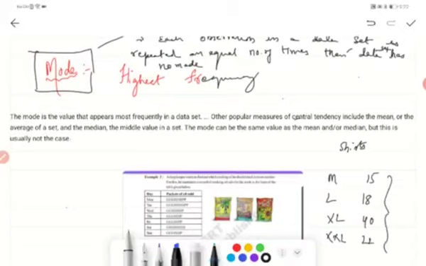If you go for the mean, does it represent the data properly? It is not representing the whole data, right? So in this situation, the shopkeeper needs to keep track of the size of shirt which is being purchased frequently, isn't it? So you need to go for mode. The mode will be the appropriate representative value for this kind of situation, right?